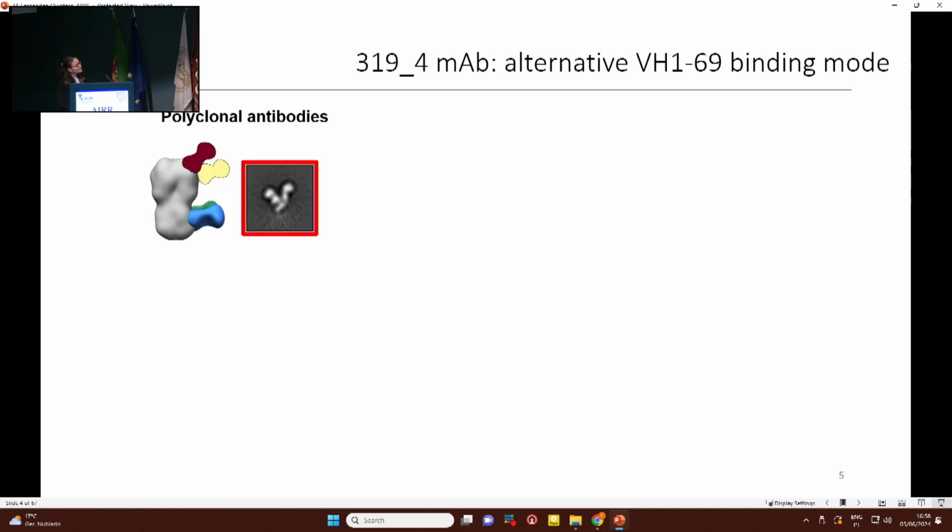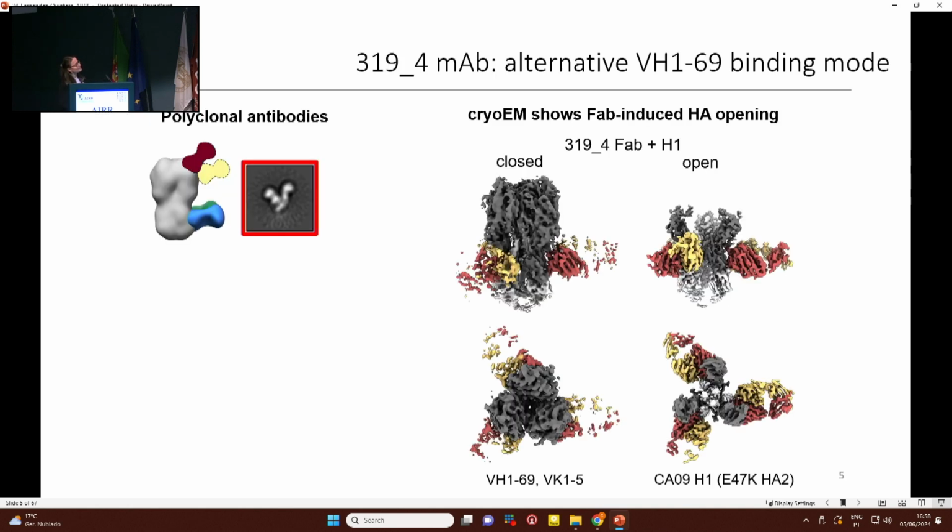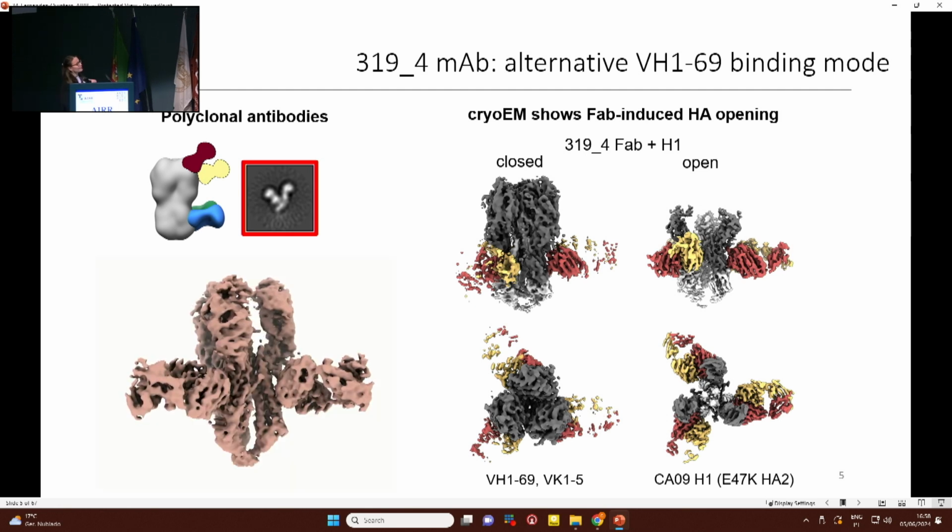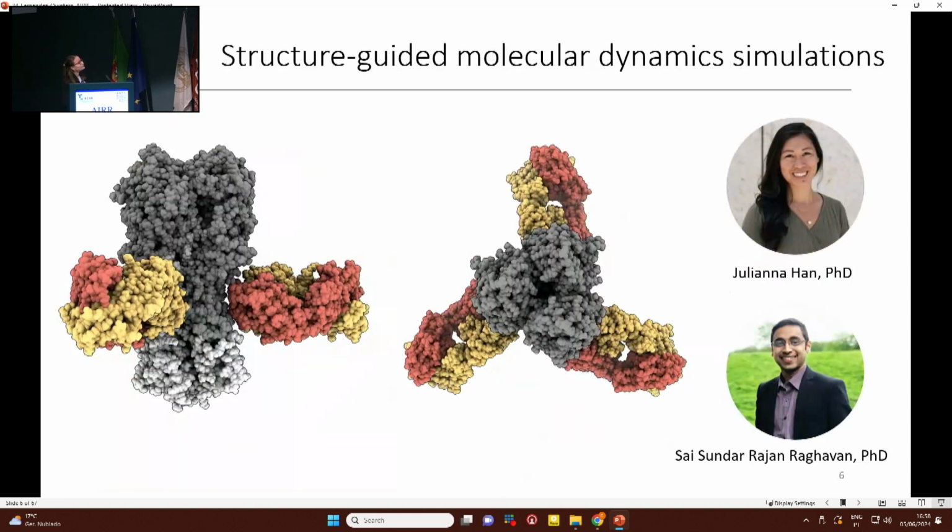And so it's not surprising that antibody-antigen recognition can also have different conformations. For example, antibody binding can induce a stronger conformational change, also in the antigen. So these are just a few examples of why flexibility is a key determinant for antibody function and antigen recognition.